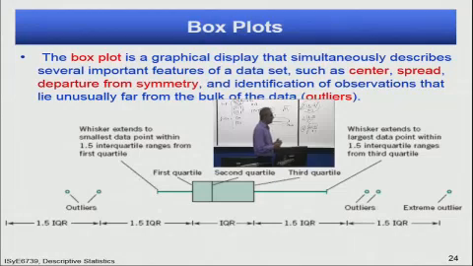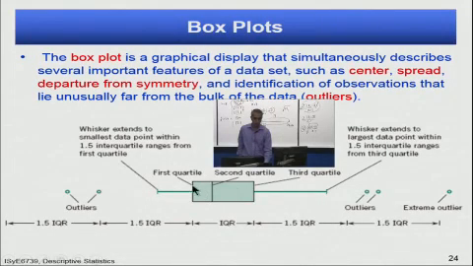Now, tell me how this box plot gives me information about symmetry or shape of distribution. For center and spread it is obvious. Why? Because this Q2 or median is a measure of central tendency.